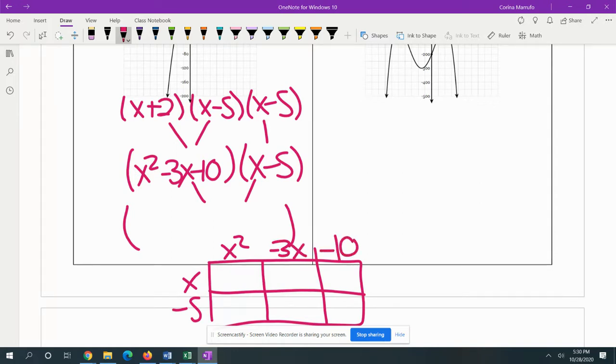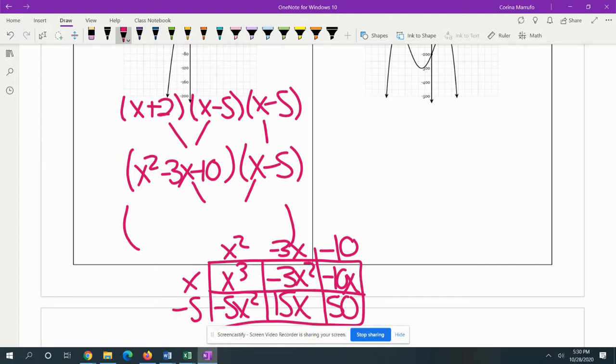Okay, we're going to go ahead and multiply it. So x squared times x is x to the third power. X squared times negative 5 is negative 5x squared. Negative 3x times x is negative 3x squared. Negative 3x times negative 5 is positive 15x. Negative 10 times x is negative 10x. Negative 10 times negative 5 is positive 50.